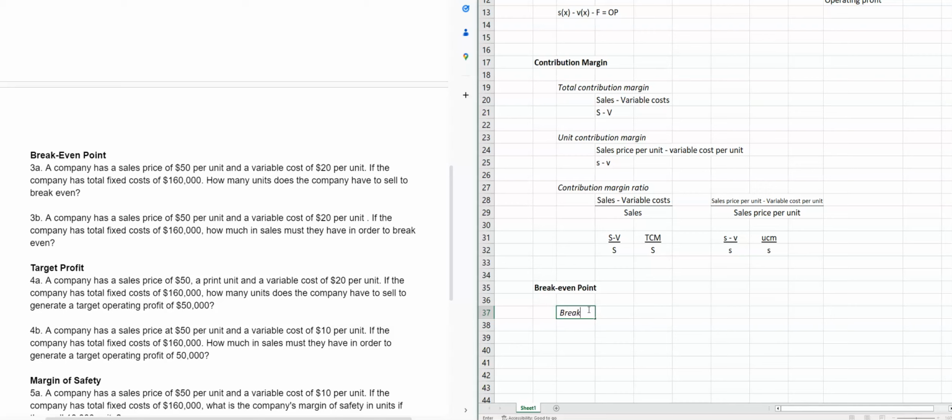Let's do the same way we did with contribution margin. Oh my goodness, break-even in units. Let's start there. Now this break-even in units, the formula is fixed costs, as a total by the way, divided by unit contribution margin.